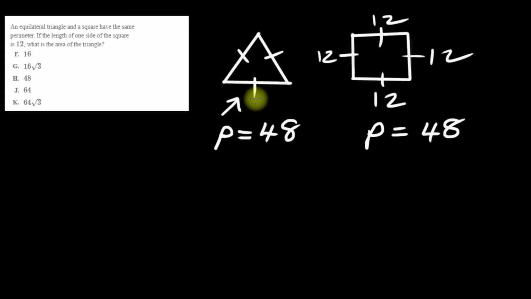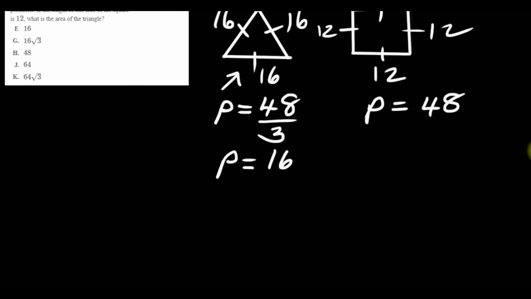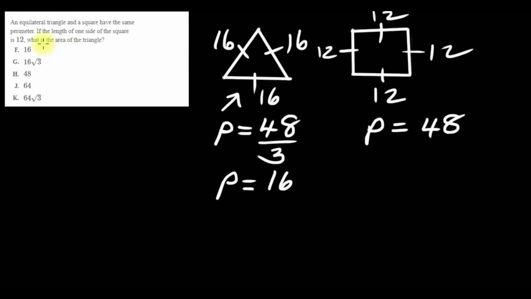Now it has 3 sides, so if you divide this by 3, because all sides are the same, it's going to come out to 16. So each one is 16. So this is 16, this is 16, this is 16. Okay, and then we're looking for the area of the triangle.